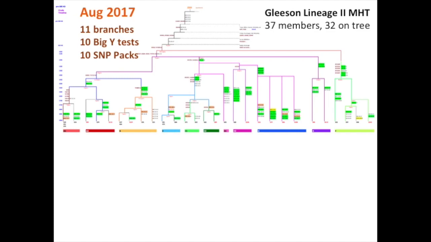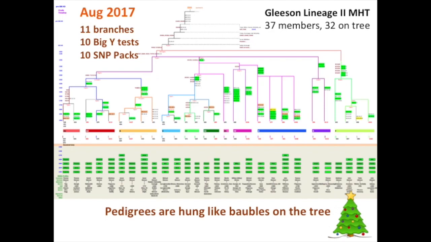So that's how we ended up with this mutation history tree for GLEASON lineage 2, and I'm going to show it to you now in a little bit more detail. Having created this tree, the next thing that I did was I added on the pedigrees of each of the members like baubles on a Christmas tree.